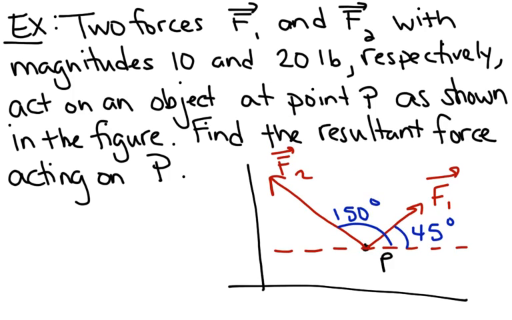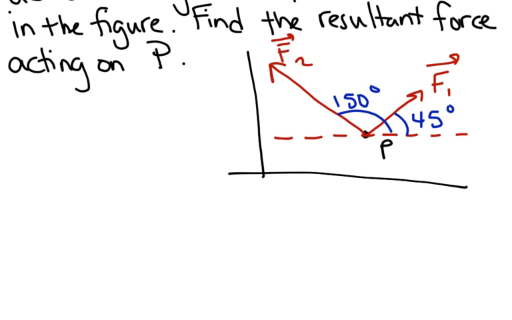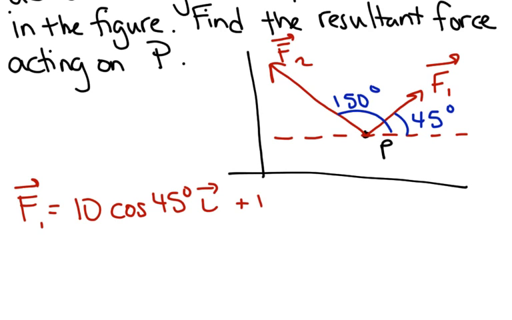Again, at the beginning it said the magnitudes of the forces were 10 and 20 pounds respectively. So for force 1, it's going to be 10 cosine 45 degrees i plus 10 sine 45 degrees j.